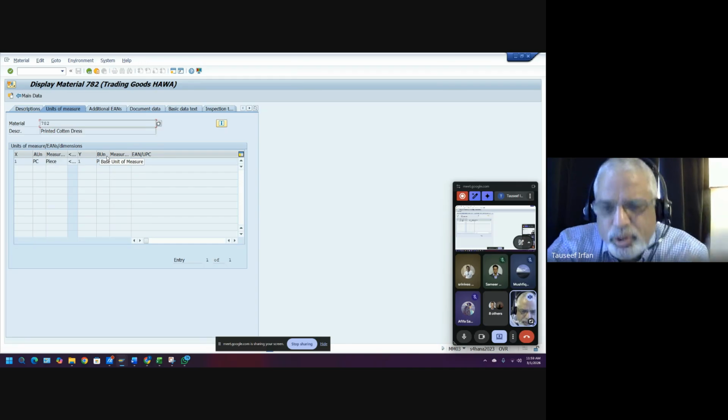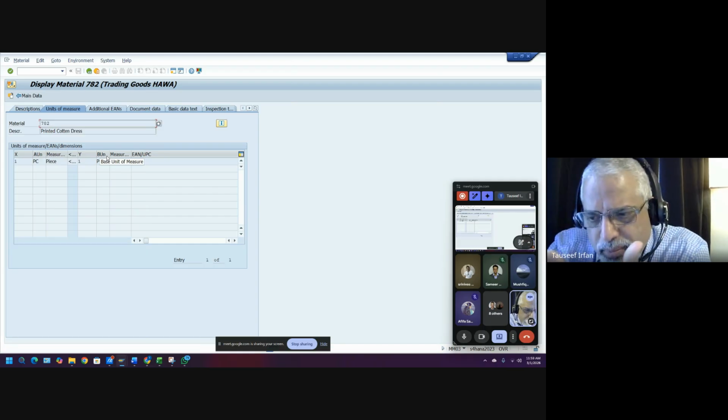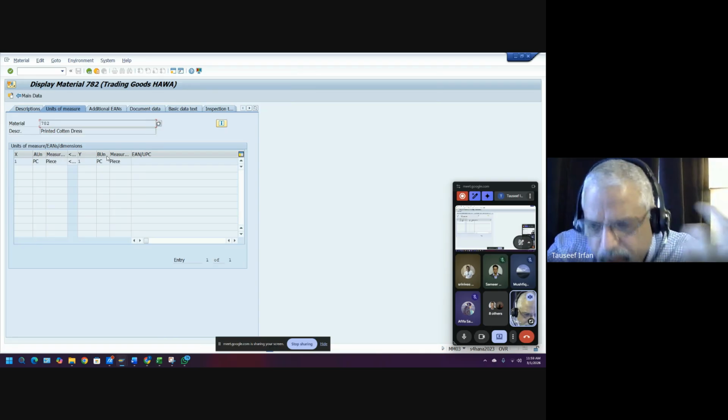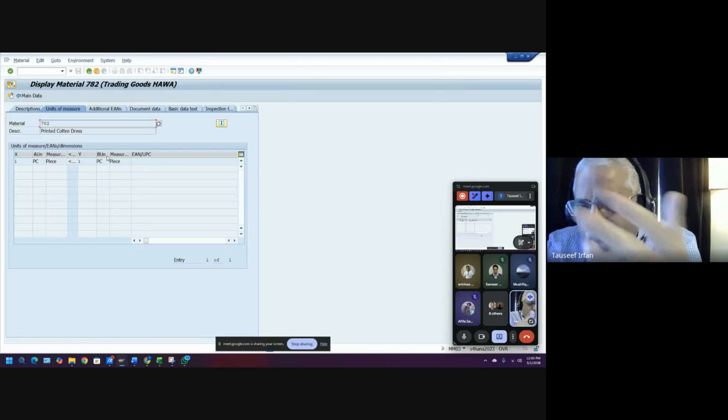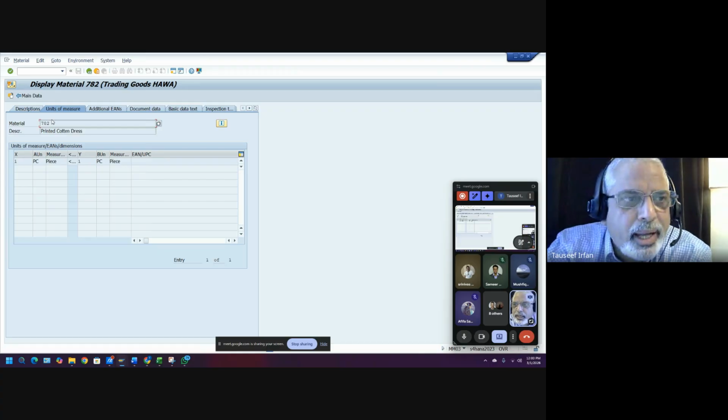One pallet is equal to 20 boxes. You need to put that conversion so that when goods receipt happens and the warehouse guy wants to receive in a pallet, he knows one pallet is equal to 20 boxes and one box is equal to 10 units. So one pallet is equal to 200 units. SAP will do the math behind it because it has the unit of measure conversion data.